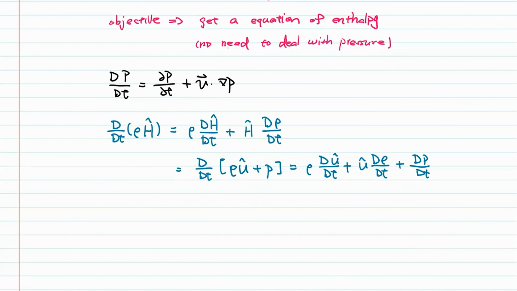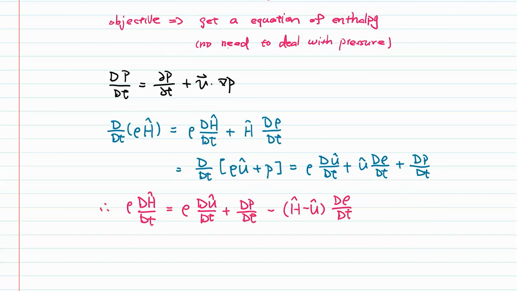Okay, so if we rearrange this, we get rho times the substantial derivative of enthalpy equals rho Du/Dt plus Dp/Dt minus (h minus u) D rho/Dt.